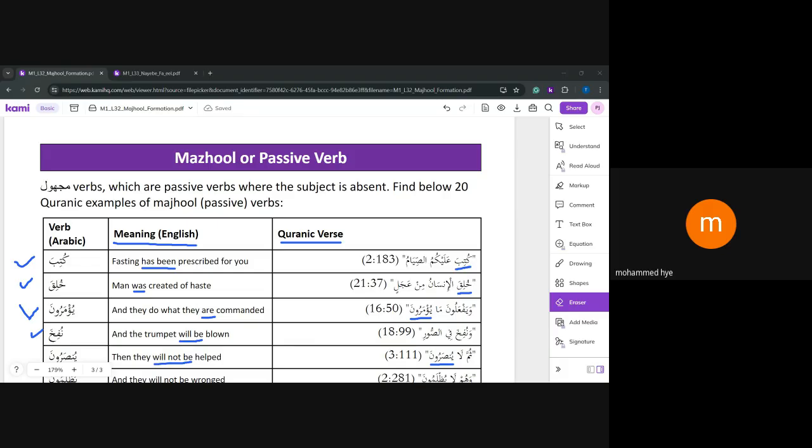Who did it? I don't know. So this is how the majhool performs. When you have a passive majhool, you have to think that there is no actor. It was done. However it was done, whatever way it was done, but it was done, all right? That's the passive meaning, okay?